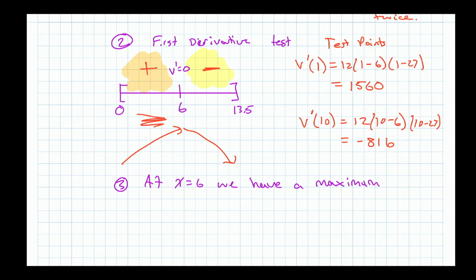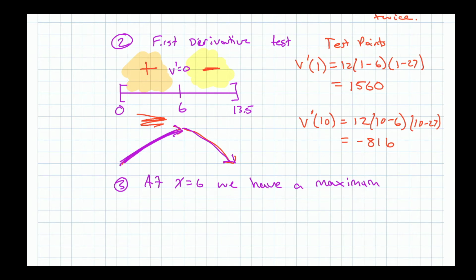However, if you look at it, it's all the way from 0 up to 6 that the function's increasing, and all the way from 6 to 13.5 that the function's decreasing. So actually, there's only one maximum, and it's at 6.